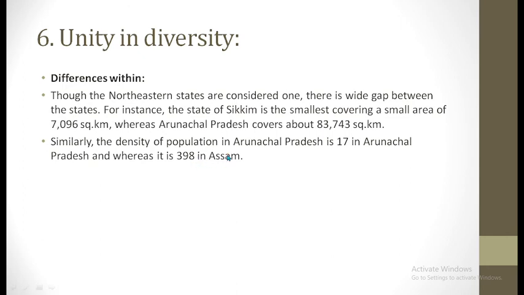Similarly, the density of population in Arunachal Pradesh is just 17, and in Assam it is 398. In literature, in industries, or any factors you point out, all the states will not have the same figure.